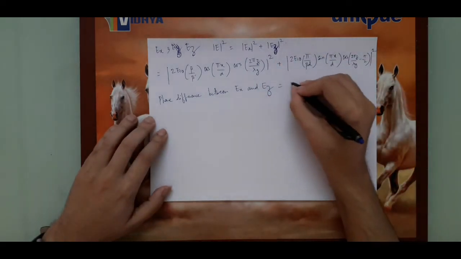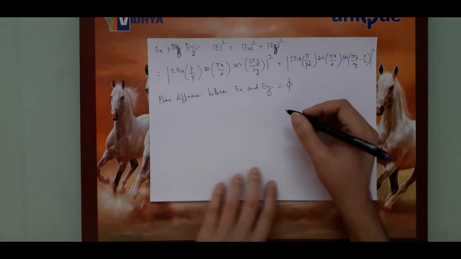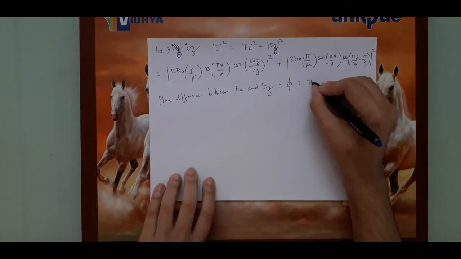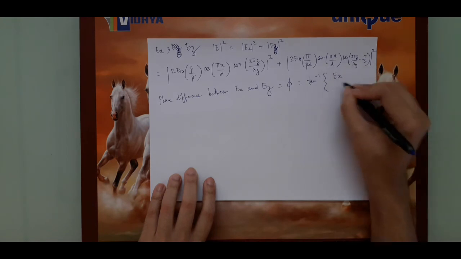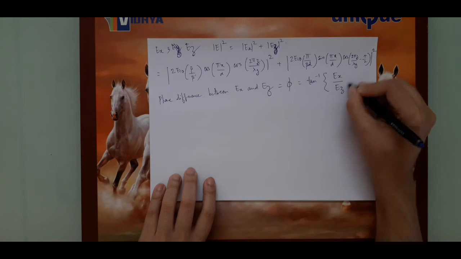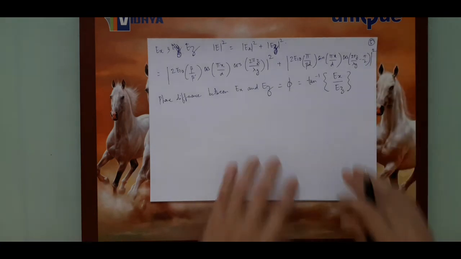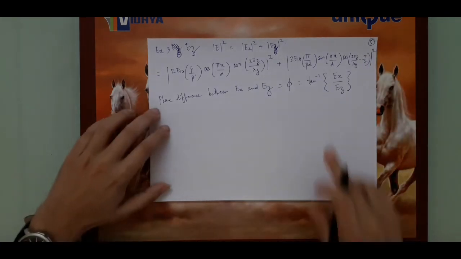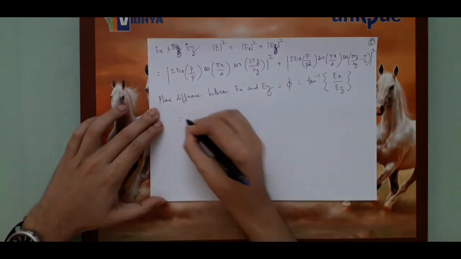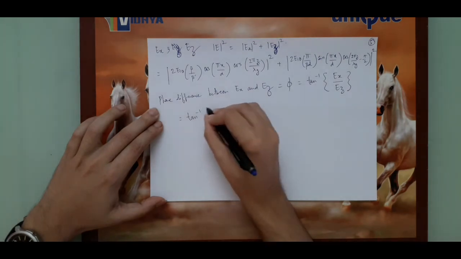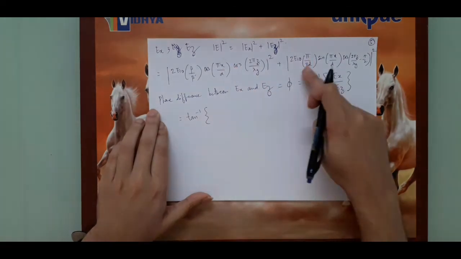Let's call it some phi, which is nothing but the tan inverse of the vertical component by the horizontal component. The vertical component is Ex, the horizontal component is Ez. If you look at this, you can easily see that this is nothing but tan inverse of this. I am dividing x by z, so this will become a reciprocal.